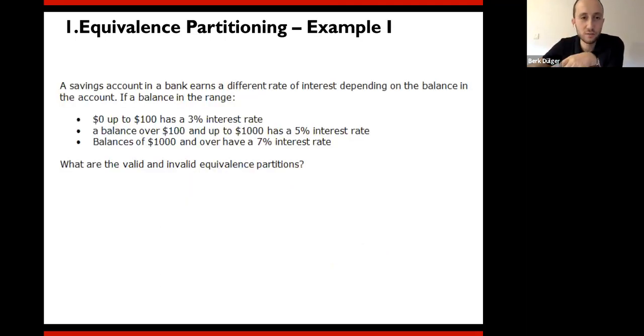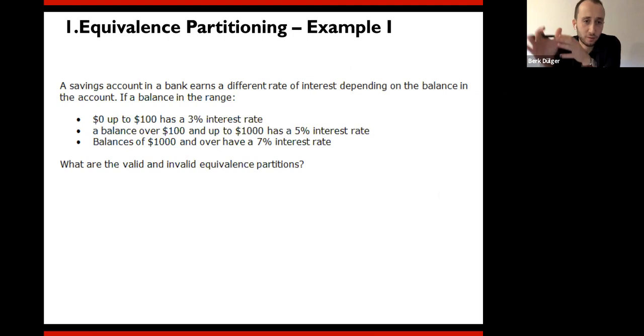And here is a question which is a very good example to understand the equivalence partitioning test design technique. There's a savings account in a bank that earns a different rate of interest depending on the balance in the account. If the balance is in the range 0 up to 100, there will be a 3% interest rate. If it is between 100 and 1,000, it will have a 5% interest rate.